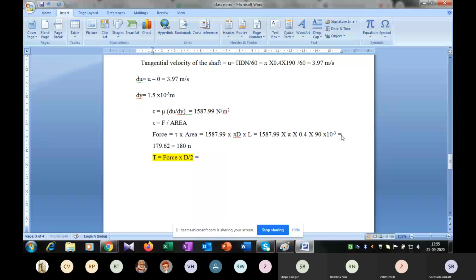Now equate the value of force here. 180 multiplied by, diameter is 0.4, 0.4 divided by 2 is 0.2. How much will it be? 36, ma'am. What is the unit for force?